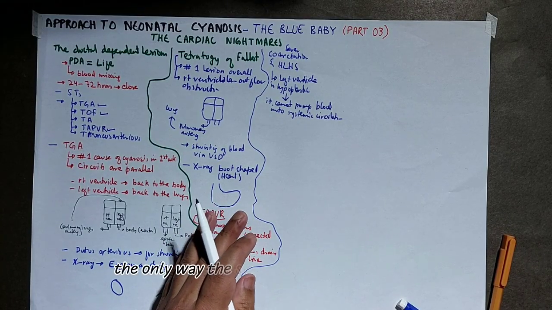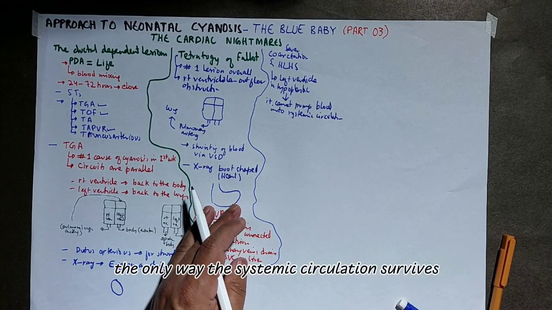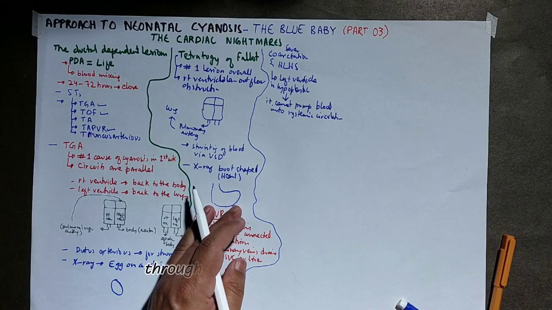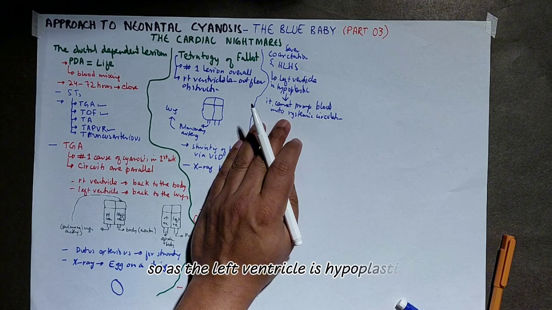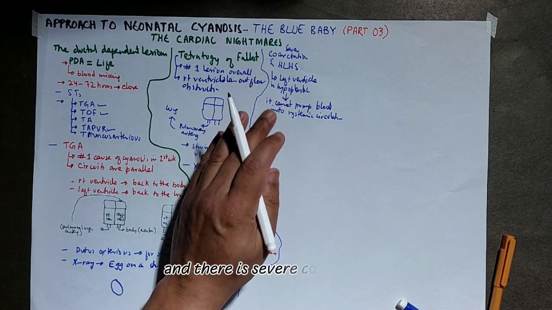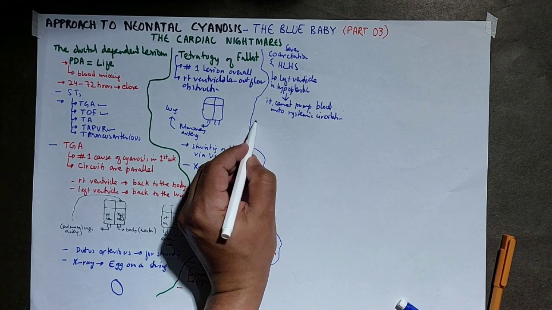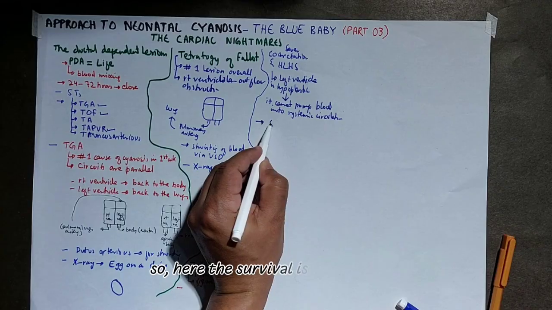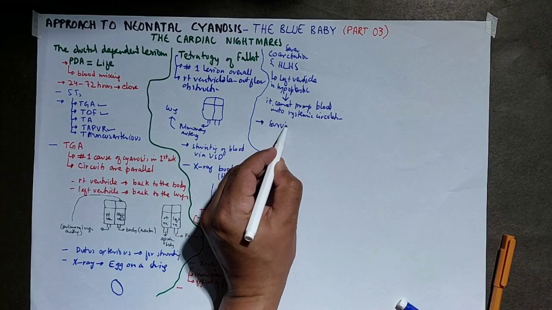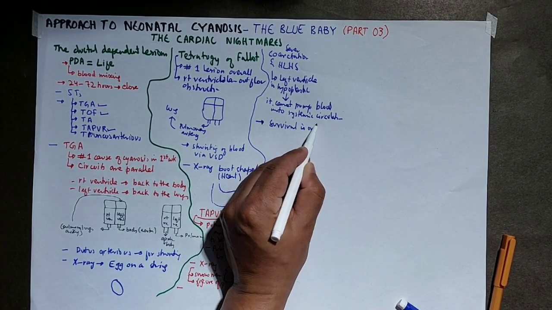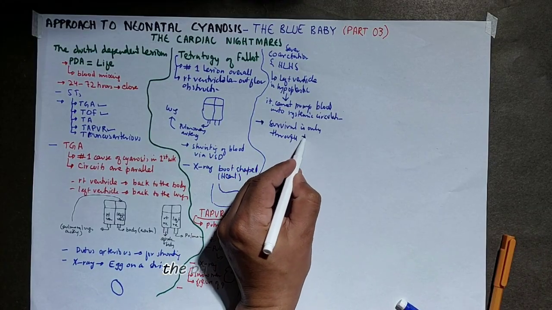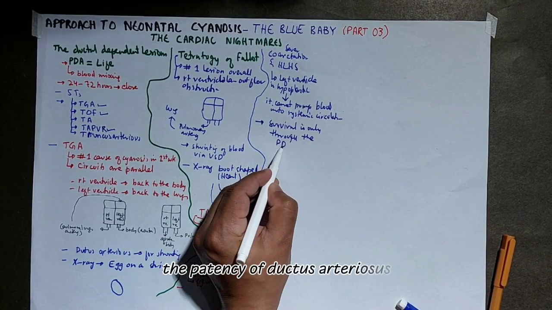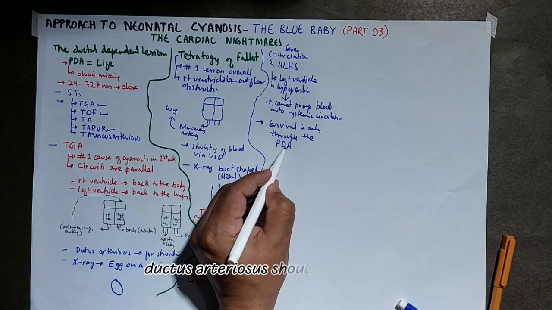The only way the systemic circulation survives is through the right ventricle via the patent ductus arteriosus. So as the left ventricle is hypoplastic and there is severe coarctation, the survival is only through the patency of the ductus arteriosus. The ductus arteriosus should remain open.